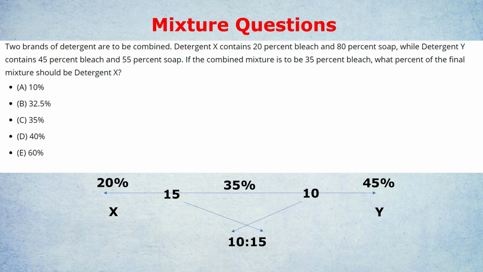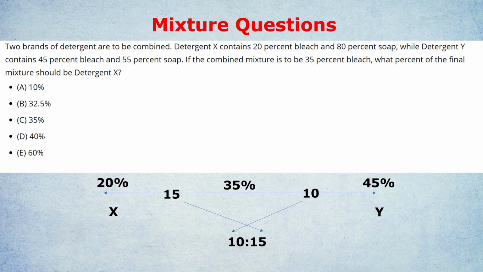There must have been less of detergent X. And that distance being bigger, that 15 being bigger, therefore inverts across. The bigger number belongs with Y because there must have been more of Y. The smaller distance, 10, should belong on X's side because there must have been less of X. That's the 30-second version of the reason why. If enough people ask me, I can go into more detail. But for now, you can just remember that the two distances flip across diagonally.